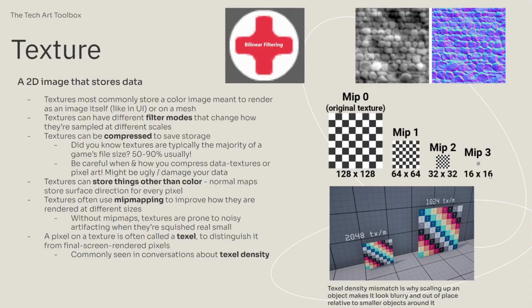So mip mapping is a way for the game to pre-compute lower resolution versions of a texture that are more smoothed out. A black and white checkerboard will tend to look more gray if you see it from a bird's eye view.